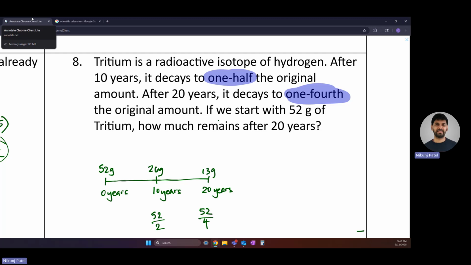Technically, we didn't really need to determine that 10-year mark, because we had enough information to go straight to the 13 grams, which was 1/4 of the original amount. So our answer here would be 13 grams.